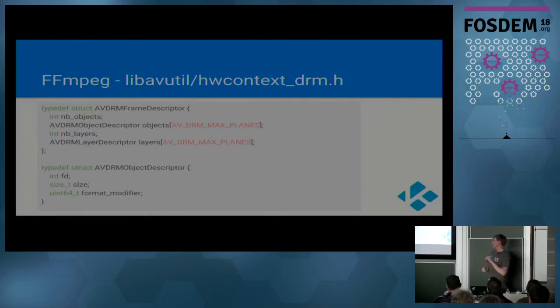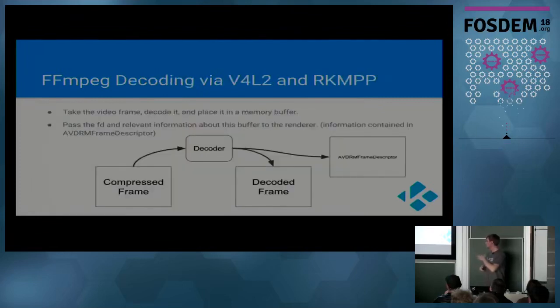So what happens is we basically will be getting something back from FFmpeg. I'll show here. We take a frame, send it to FFmpeg. The specific decoder in FFmpeg decodes that frame either using v4l2, or in the case of Rockchip, it's RKMPP. And then we're requesting a certain pixel format back from FFmpeg.